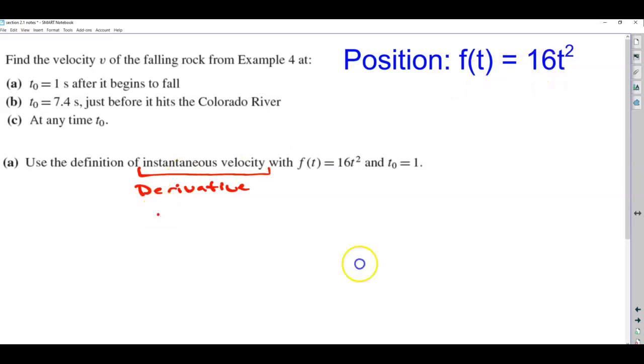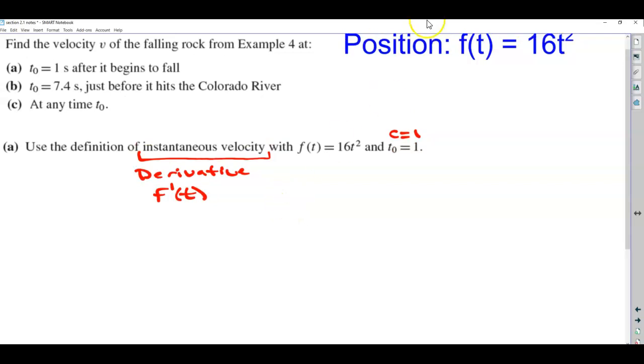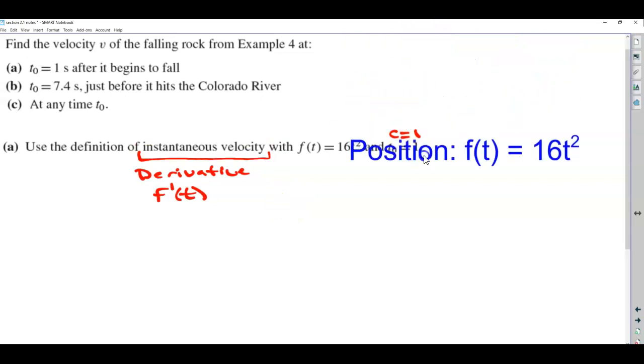Well, to find the derivative, that's finding f prime of t. Some kids don't like putting t, they like to put x, whatever you want. And this is at time 0, or the initial time. Another way of thinking of it is c is equal to 1. So we're basically doing the exact same thing we just did, but now we have context to our answer and the problem. So let's go ahead and do this.